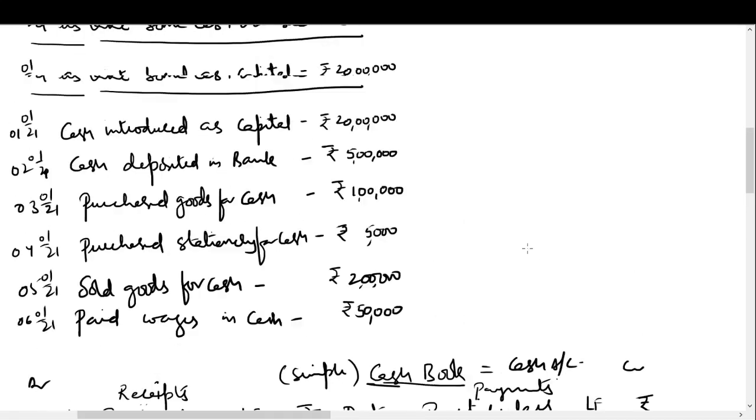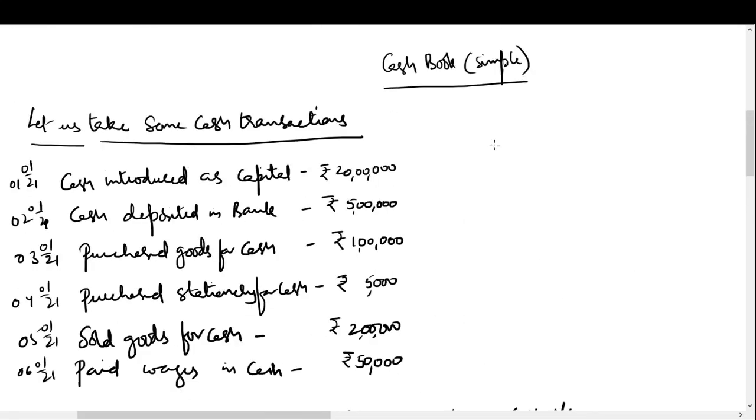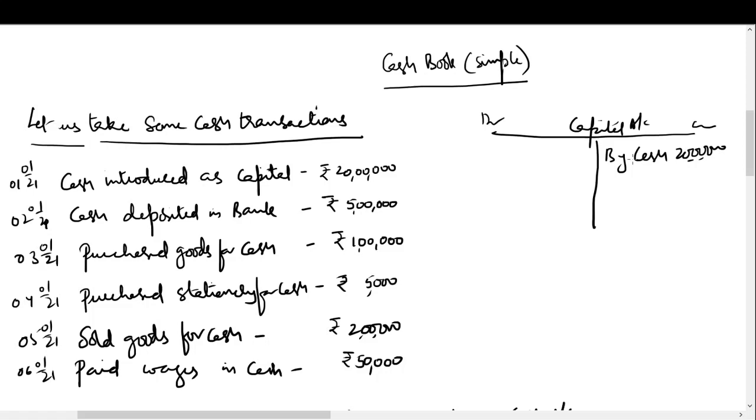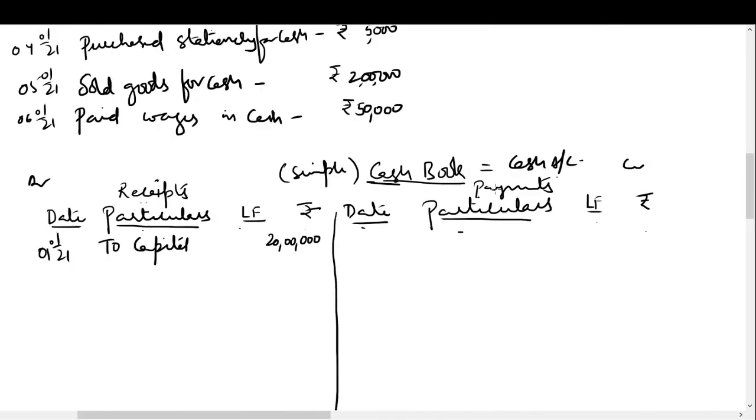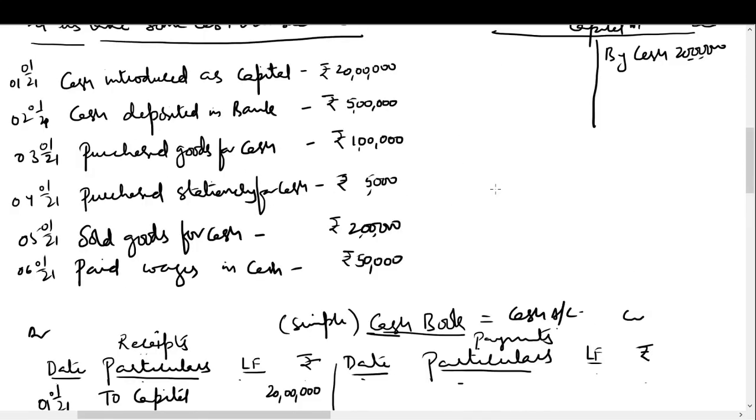So what we'll do is we'll open a simple capital account here. For the sake of ease, I'm not writing all the columns. Capital account, debit, credit. Here I will write by cash 20 lakhs. So this is how it is posted in the capital account.